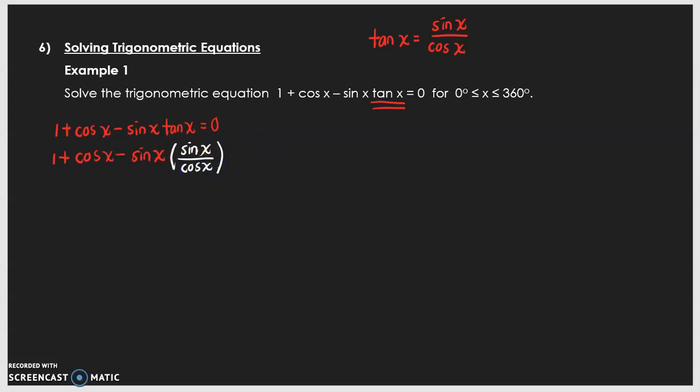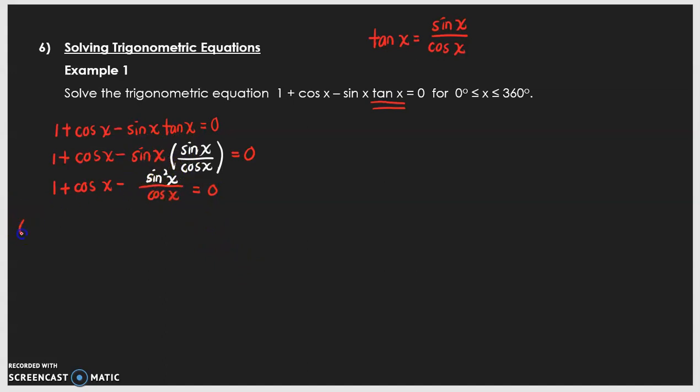And this is equals to 0. After that, I will try to expand 1 plus cos x minus sine x multiplied by sine x will become sine squared x over cos x is equals to 0. So sine x multiplied to the numerator will become sine squared x.